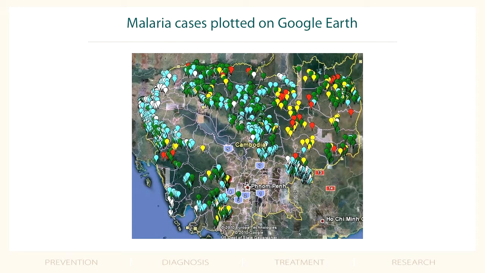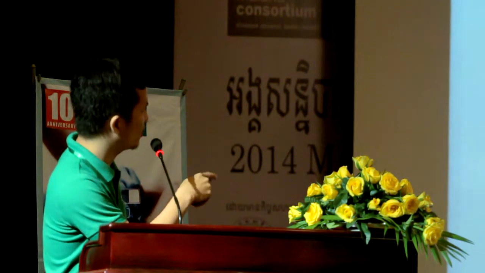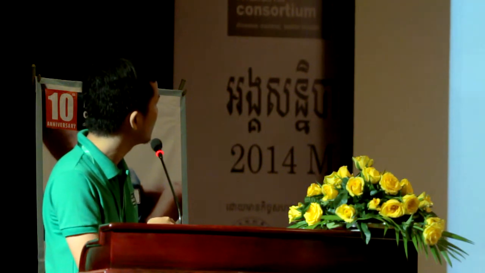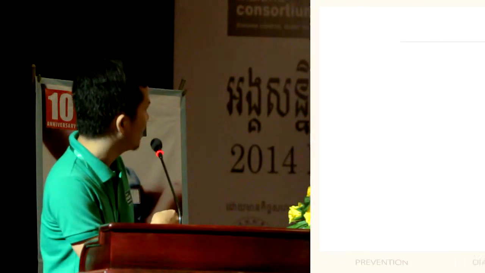And this is one page of the bulletin, but the bulletin has many pages. I just show you the front one that we create from the MIS. And this is the data flow of the MIS.